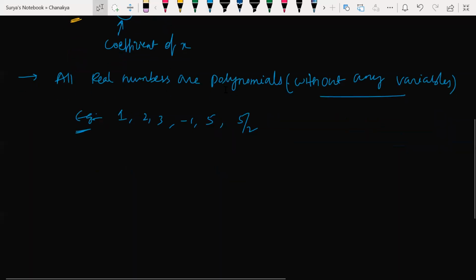Next, what can we write the point? Next point I can write here is, these all are.